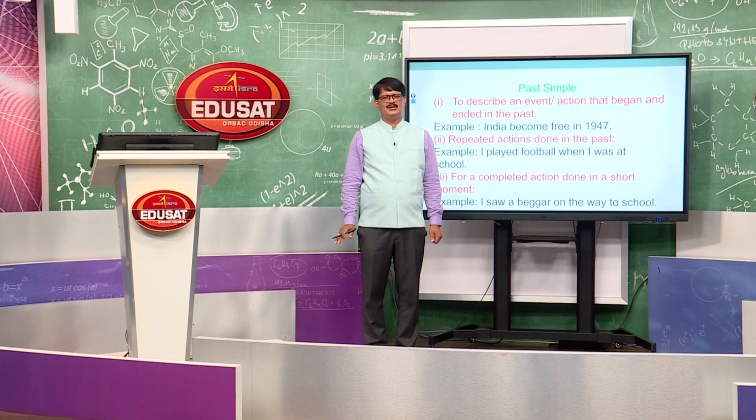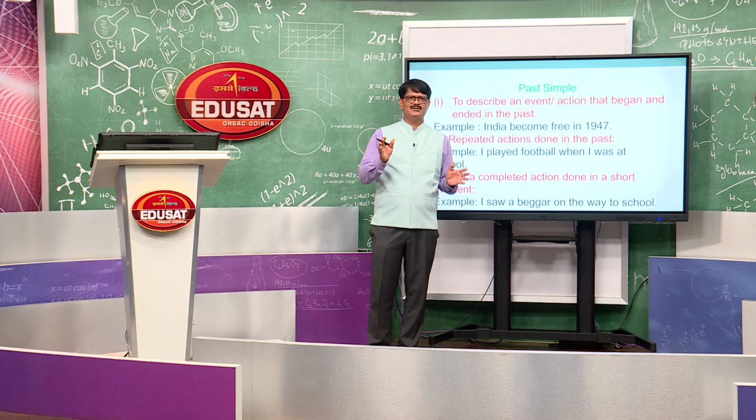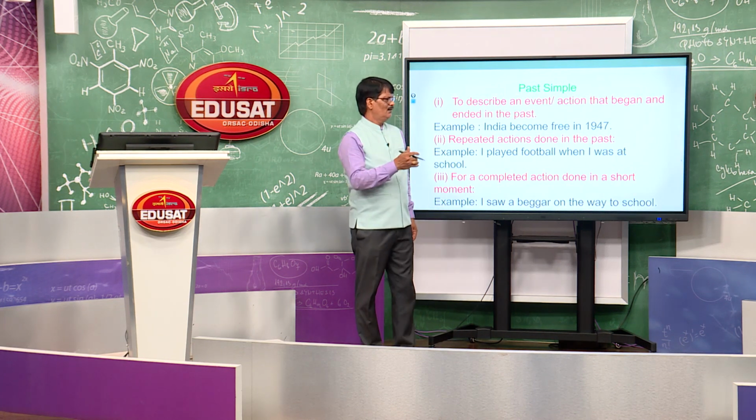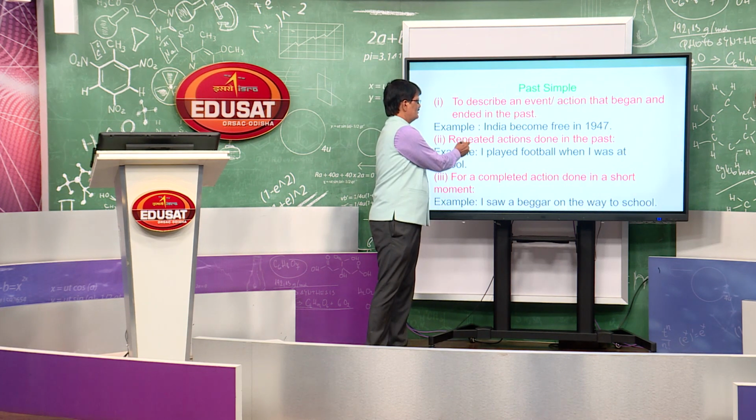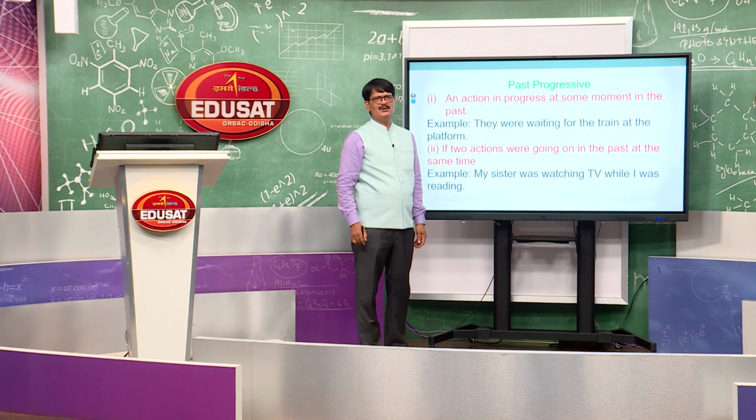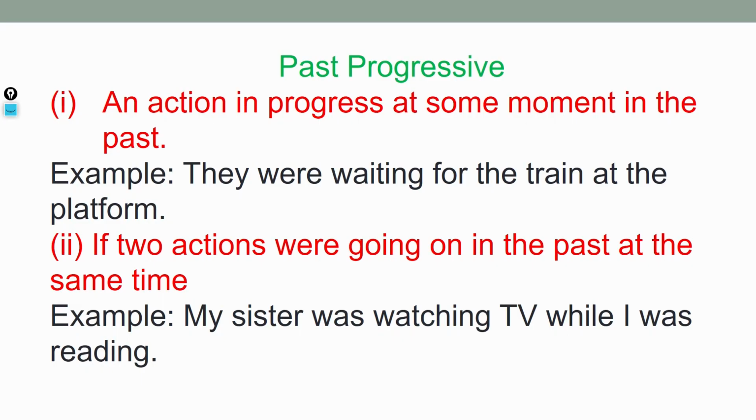In the past simple we discussed, remember, just the subject with V2, that means the second form of the verb. Three rules we have discussed for the past simple. Then we will go to the past continuous or past progressive. Sometimes it is also called indefinite; we also say past progressive. What is the structure of the past progressive?